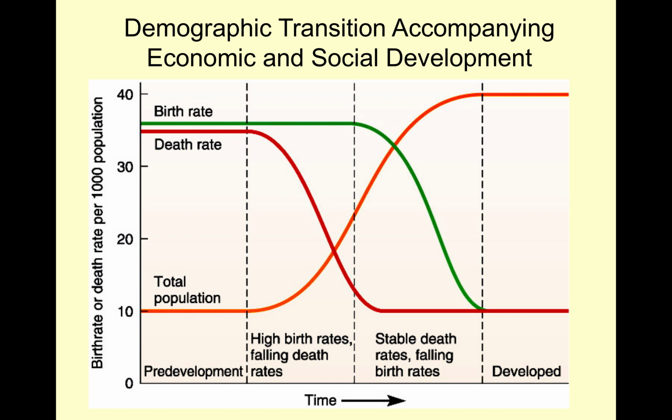Then birth rates increase or kind of stay steady, but death rates go down. Okay, so as death rates go down, our total population goes up, even though our birth rates are staying the same. Now eventually it's kind of a lagging thing. The birth rates kind of stay steady, the death rates go down first, then later on in this demographic transition, birth rates begin to equal death rates as we reach a developed country and our total population steadies.